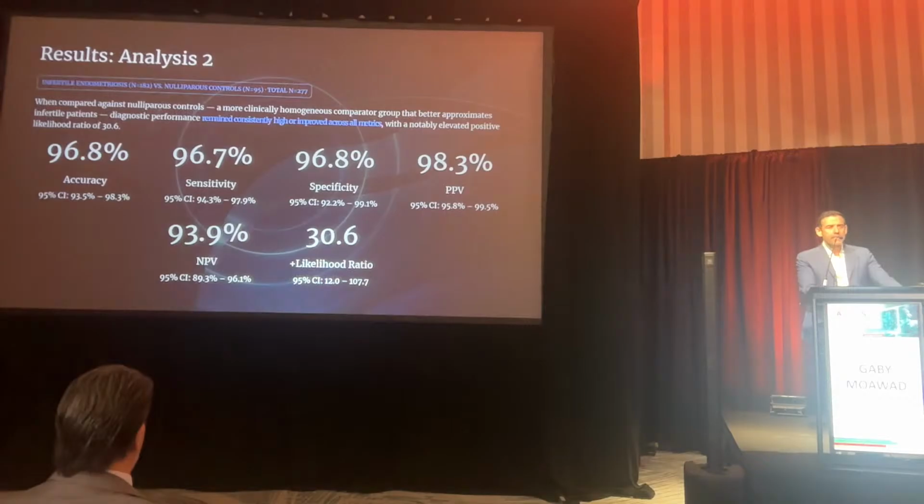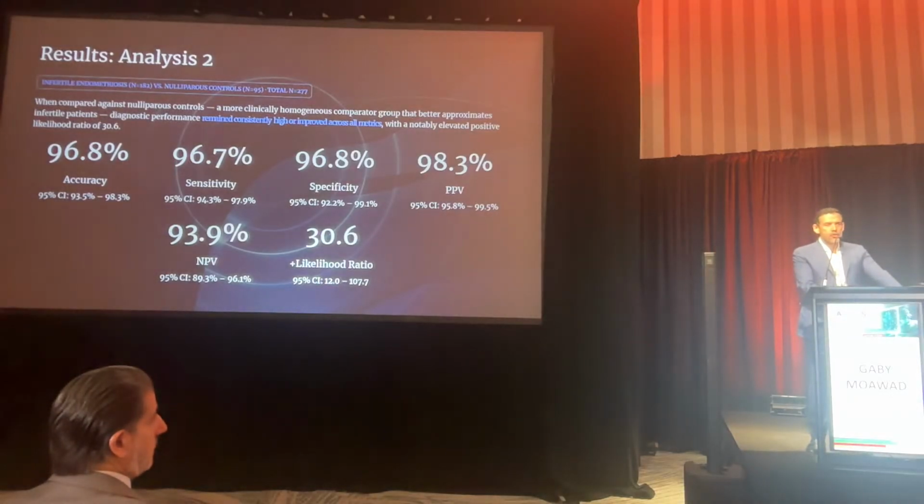When we look at the second subgroup analysis where we remove parity as a confounding factor, we see the test even outperforming, with a high accuracy, sensitivity, specificity, and an even better likelihood ratio, 30.6. So this shows you that even parity as a confounding factor would not reduce the accuracy and the sensitivity of this test.